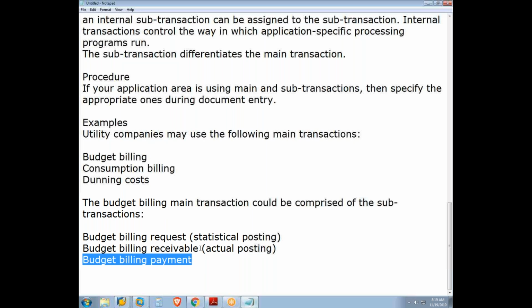But if we are posting the actual receivables or actual payments, then GL account determination will happen, and that FICA document we have to eventually post to financial accounting. But if the document you're posting has a statistical item, then there won't be any GL account determination. Because there's no GL account determination, there's nothing to be posted into financial accounting. For example, security deposit request.